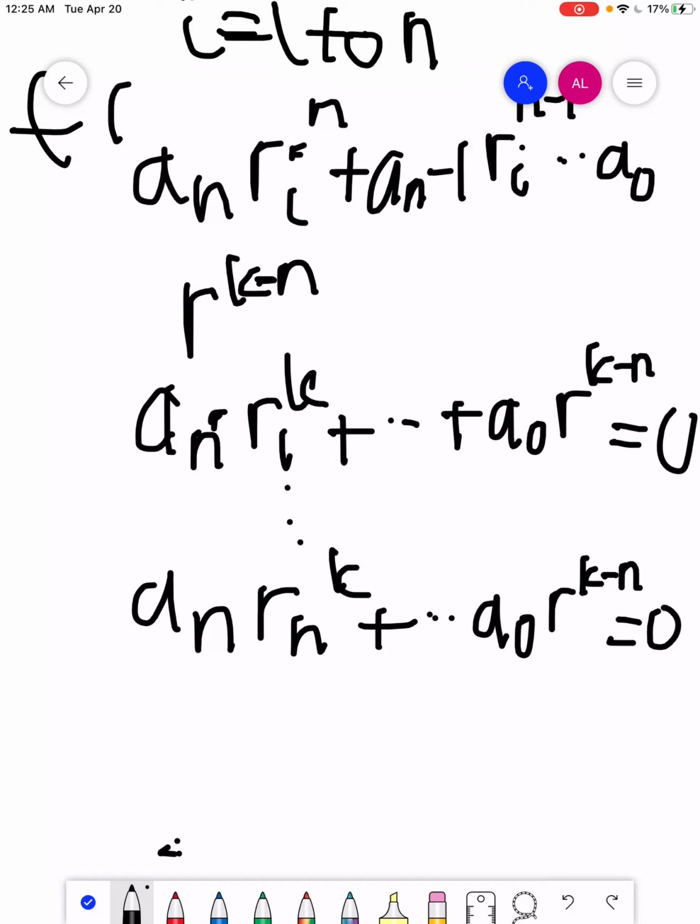Adding all these together will give us the Newton sums.